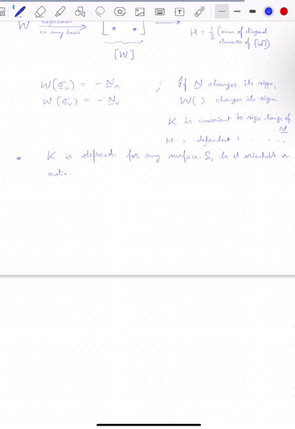Now, H is well defined up to a sign change, up to a sign in that sense.